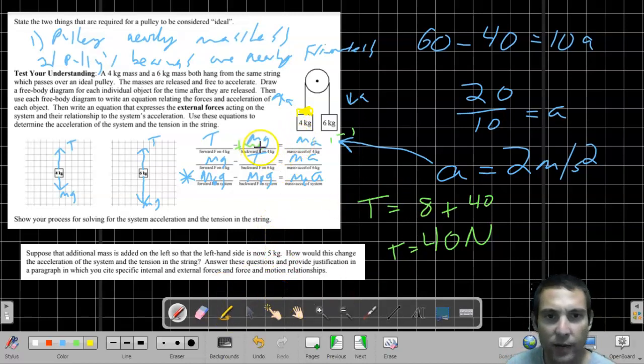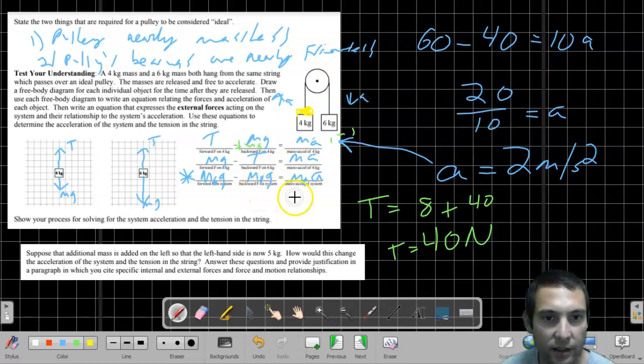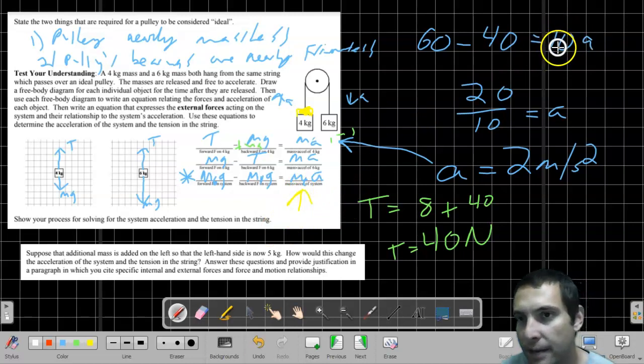If we add in that extra mass, that means when we combine total masses, where did we combine total masses? Right here. When we combine those total masses, this becomes a larger number. Remember, this 10 right here was the combined mass previously. So now this 10 becomes 11.